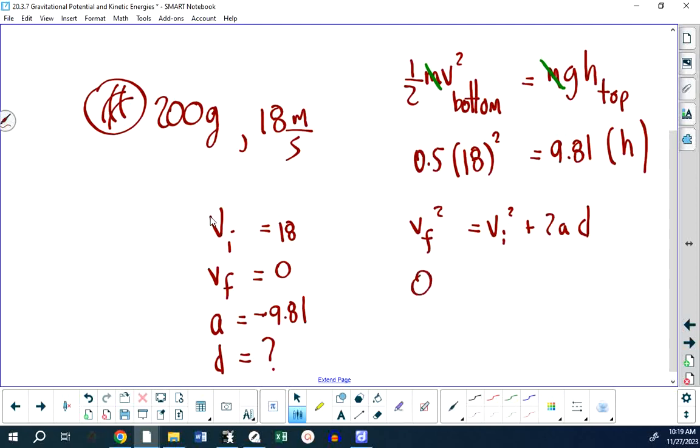Vf is 0, so this would have become the following. Which would mean if we move this Vi squared, I'm going to move the 2AD over. Negative 2AD equals Vi squared.